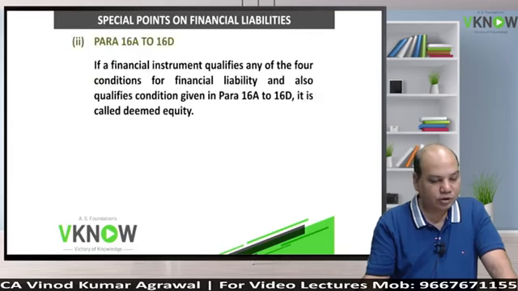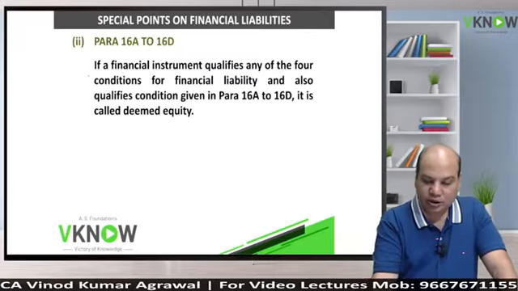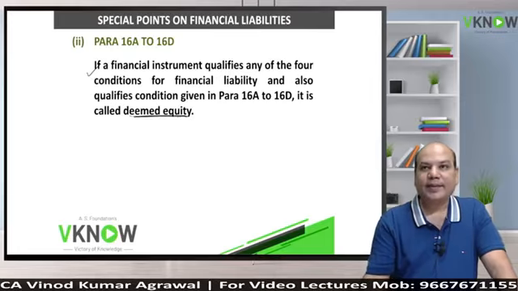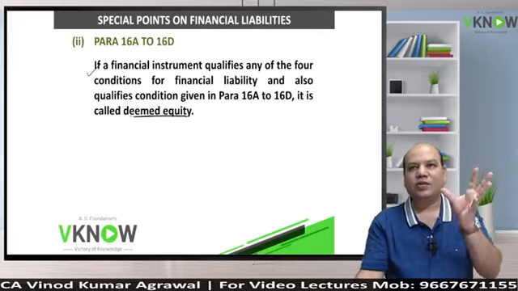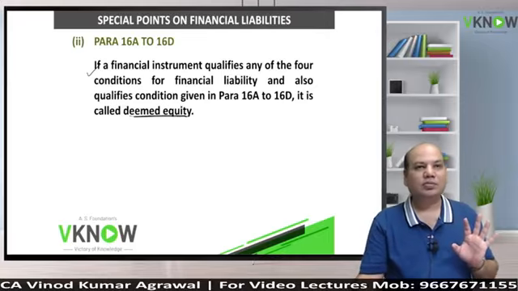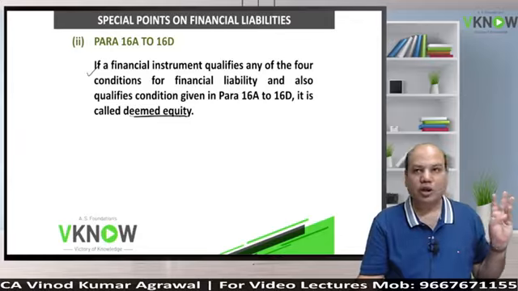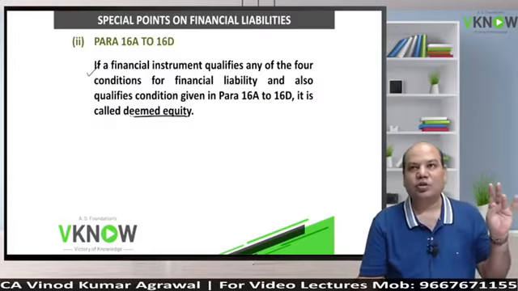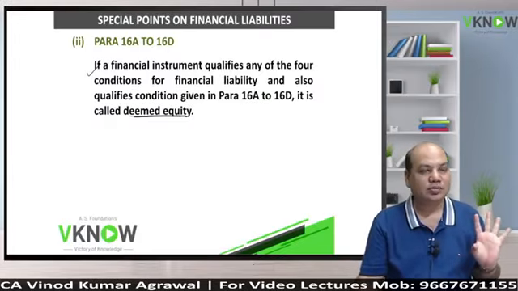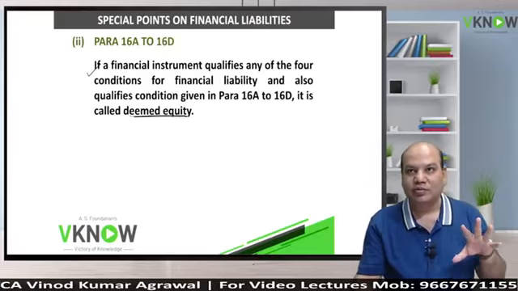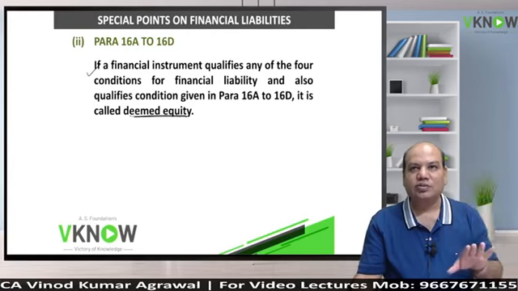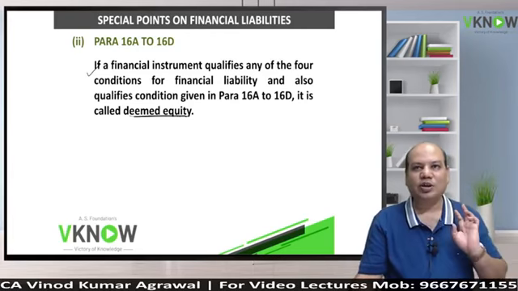Then we have also talked about para 16A to 16D. Para 16A to 16D talks about deemed equity. Deemed equity means they appear as a financial liability. The company has a contractual obligation to pay cash, etc. But because they have some specific special feature, the standard says, wait, call them deemed equity.